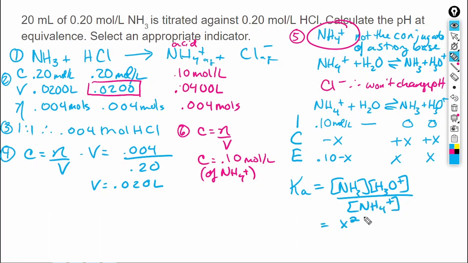So that's X squared over 0.10 minus X. But what's Ka? How would I find that?